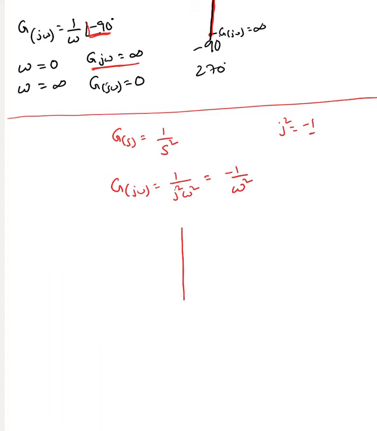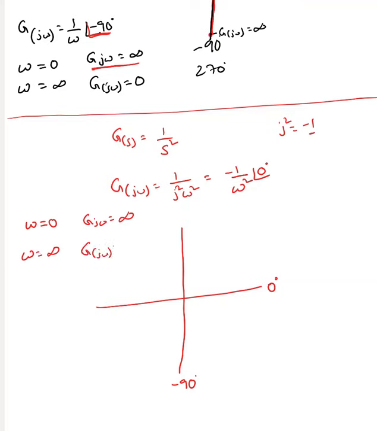Now when we draw the graph, look at the magnitude. So the phase angle is supposed to be minus 180 degrees. Now when omega equal to 0, G of j omega equal to infinite. When omega equal to infinite, G of j omega equal to 0.